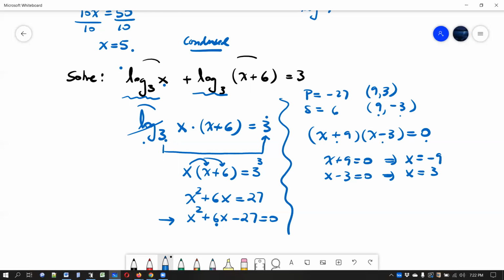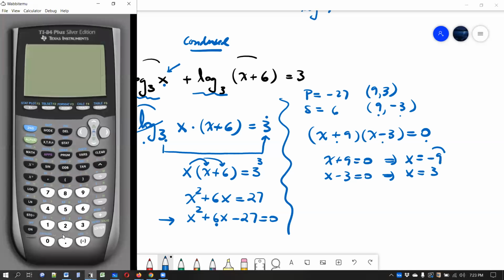But notice right off the bat that with this number, once I try to plug it in right here, I have a problem because I cannot take the log of a negative number. And you can try this on the calculator. I'll show you here real quick, right? Log of negative 9. This is going to issue an error.